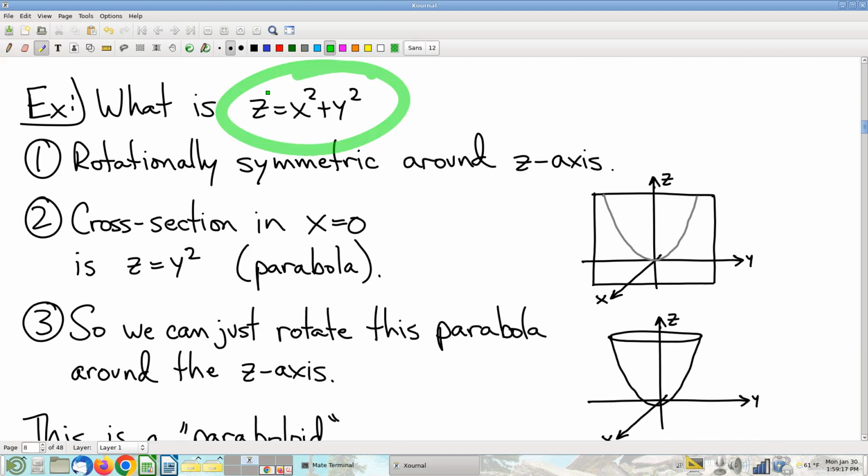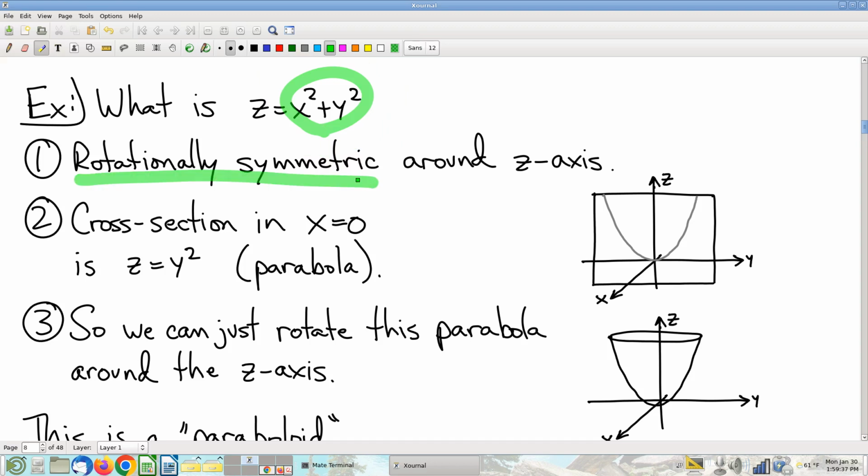So here's an example of using that. Let's try to understand this surface right here. Reminder, we saw this surface previously, and I made the hand-wavy argument about how it's vaguely parabolic in the x direction, and vaguely parabolic in the y direction. Now we're going to crush this, because step one, x and y appear only in the given form, and so this is rotationally symmetric.